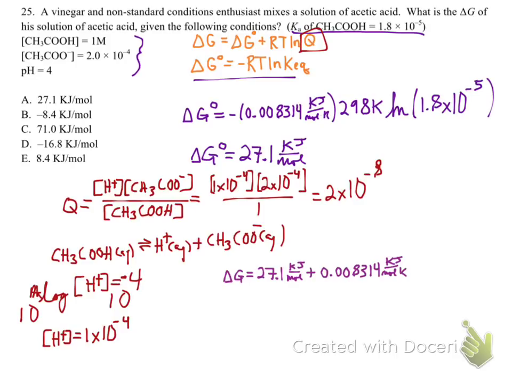Again, this problem should have specified that it's at 298 K. Times the natural log of that Q that we solved for before, 2 times 10 to the -8.